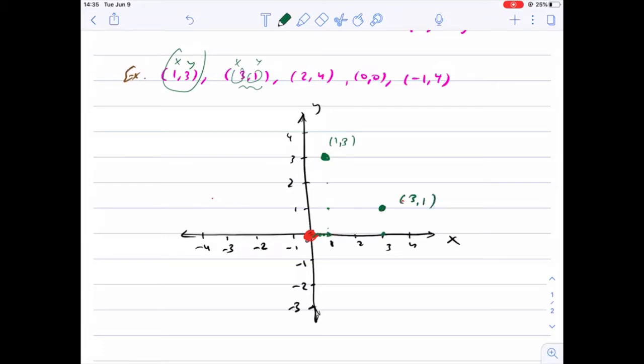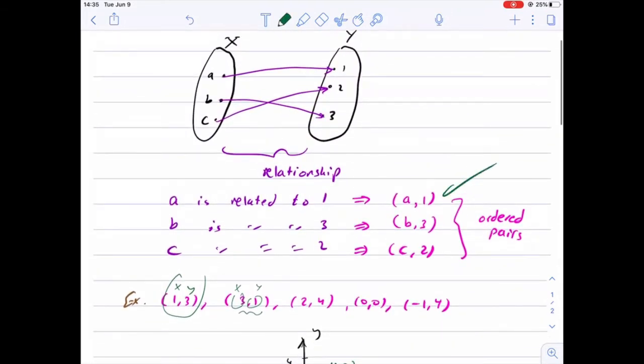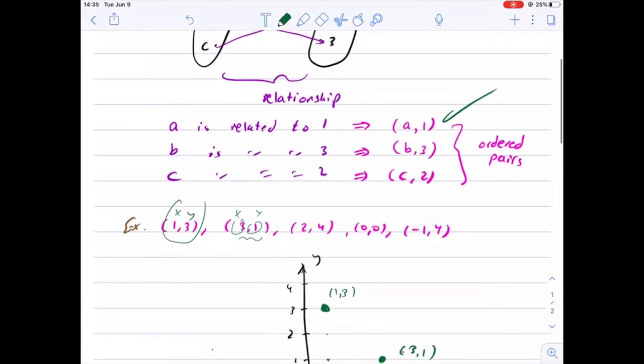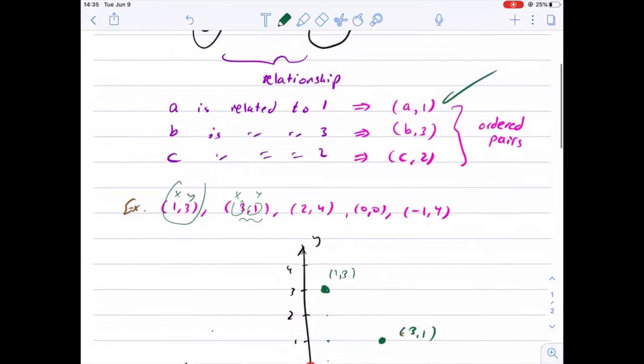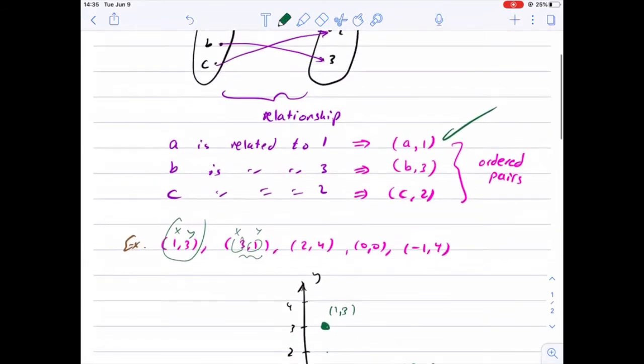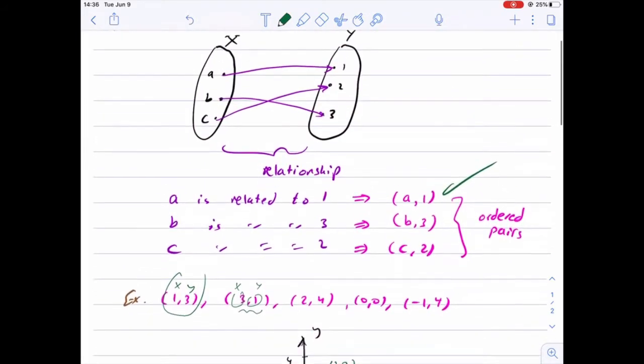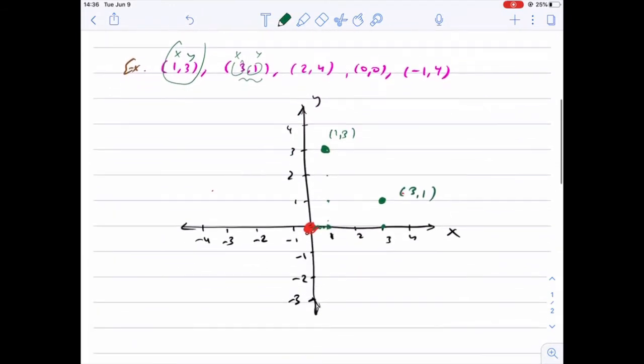As you can see, (1, 3) is different from (3, 1), and that's why we call this representation of the relationship between elements of x and elements of y an ordered pair, because order matters.